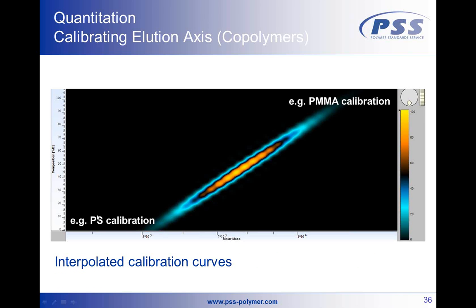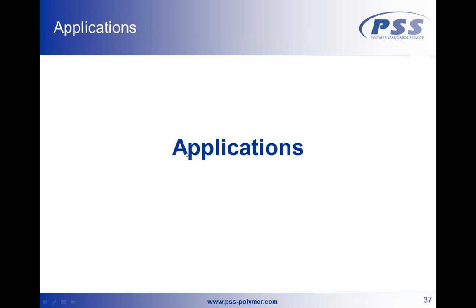That is also possible, because you can interpolate from the 100% polystyrene calibration to the 100% PMMA calibration, and for a copolymer this would give you something like this, where you really have a calibration curve for each slice, adjusted to fit the composition of the sample.